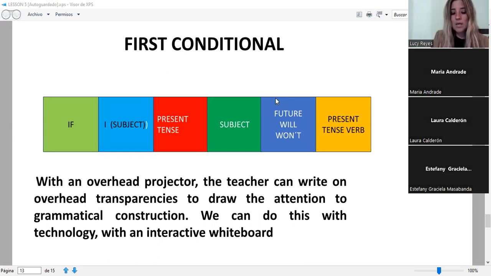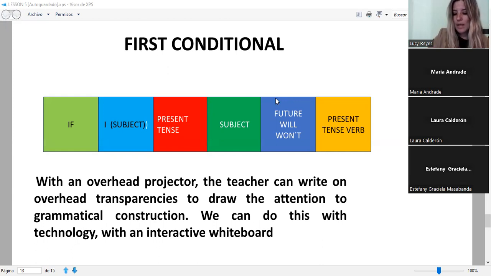For example, when I teach the present tense, obviously they have to know the subject. Obviously, they have to study the verbs in present and the time expressions of present tense. What are the time expressions of present tense? Do you remember?